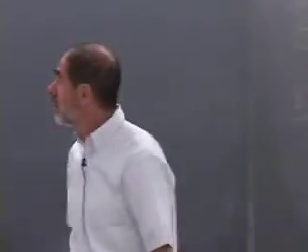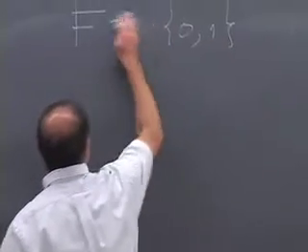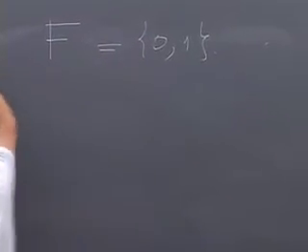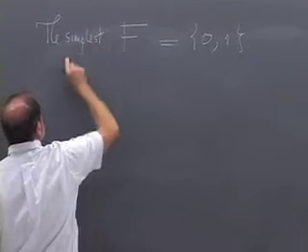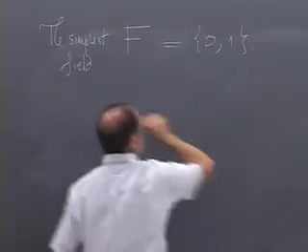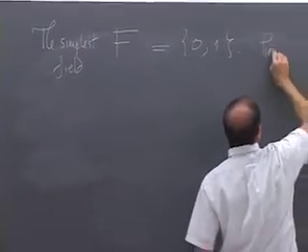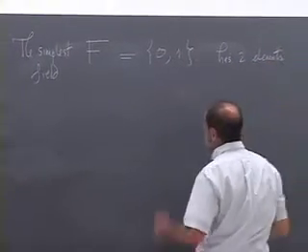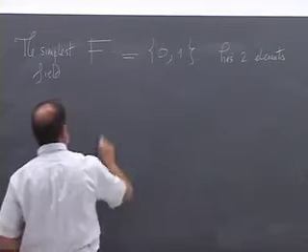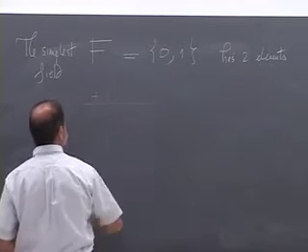Can we do it? So in fact, yes. The simplest field has two elements. Okay, I have to give you the addition law and the multiplication law. Here's the addition law.